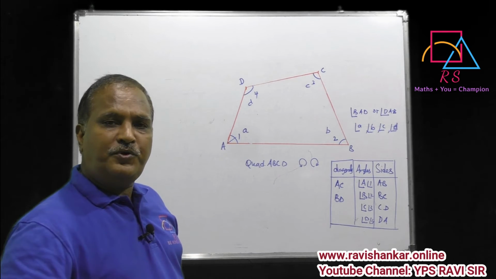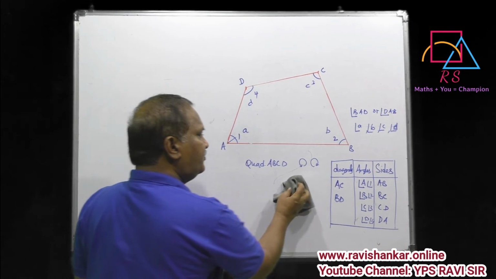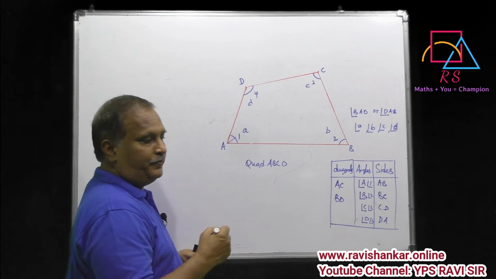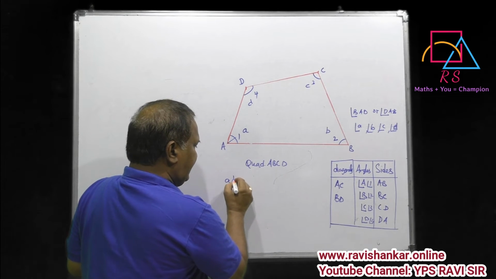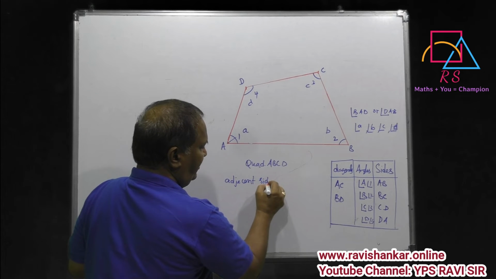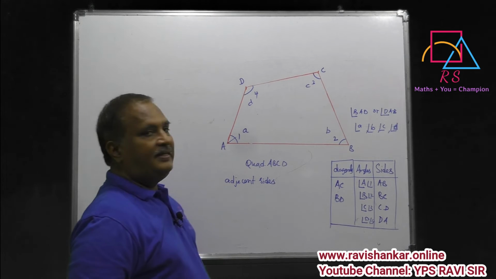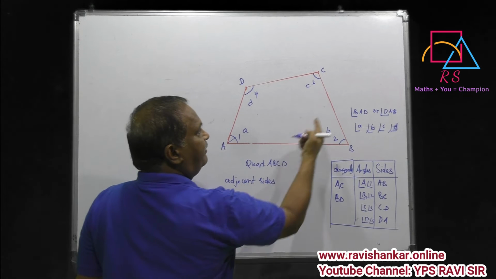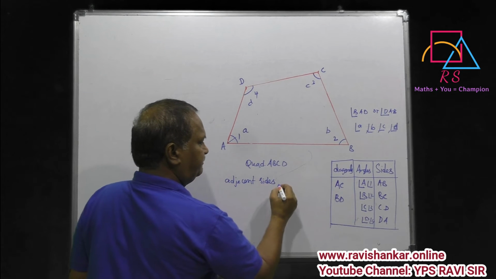We have a few more terms we have to learn from the quadrilateral. Let me tell you. Adjacent sides. What are adjacent sides? Adjacent sides means one after the other. AB, BC are adjacent sides.